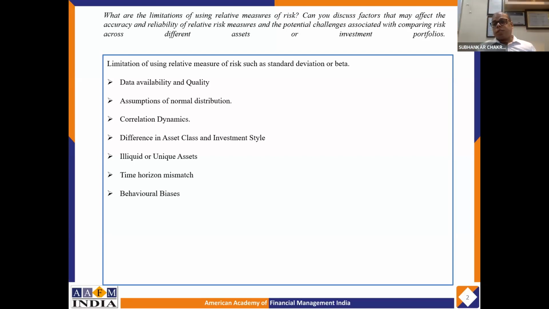Then behavioral bias. So there will be certain behavior against certain asset classes which will prevail at a certain point in time in the market. तो उसके चलते क्या होता है, एक unusual trading हो जाता है किसी भी एक asset class में. जैसे all of a sudden, what happened in 2022, in 2021 IPOs were raining, right?